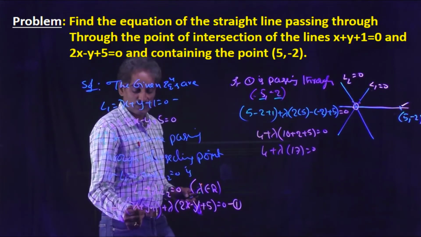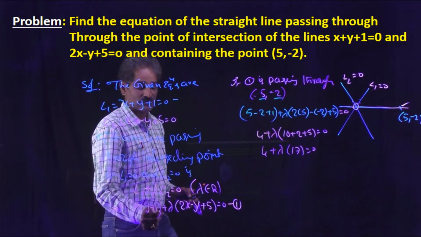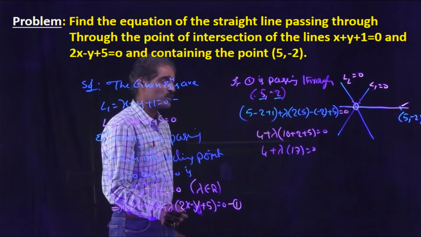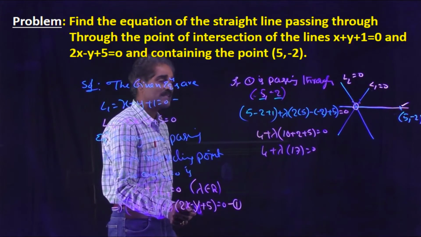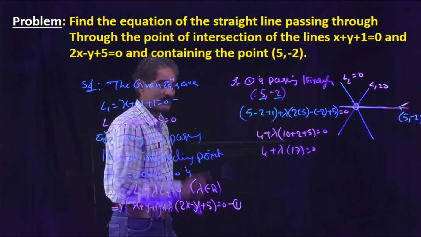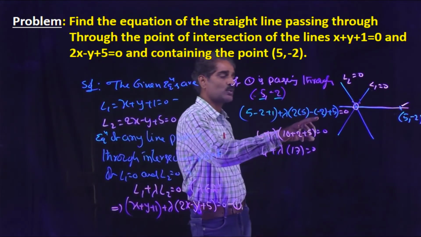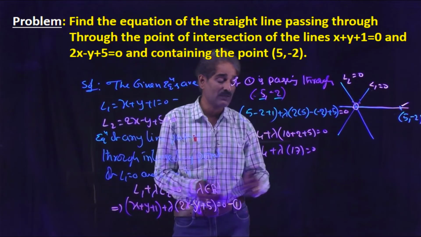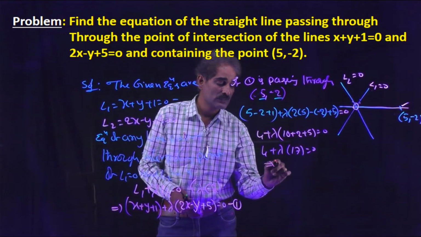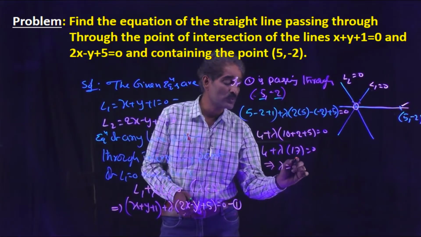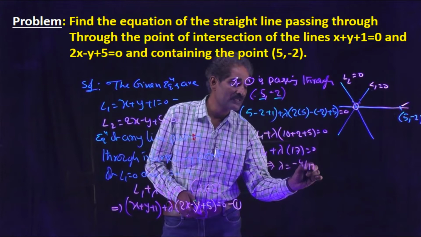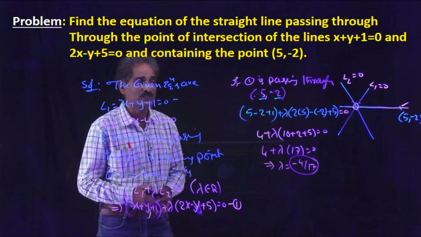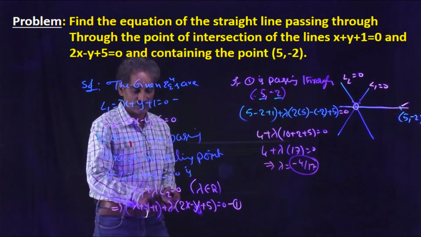Substituting (5, -2): 5 minus 2 plus 1 is 4, and 2 into 5 minus of minus 2 plus 5 is 10 plus 2 plus 5, which is 17. From this, lambda is equal to minus 4 by 17. Just substitute lambda equal to minus 4 by 17 in the equation.